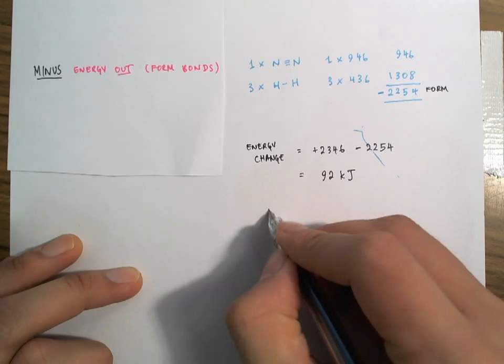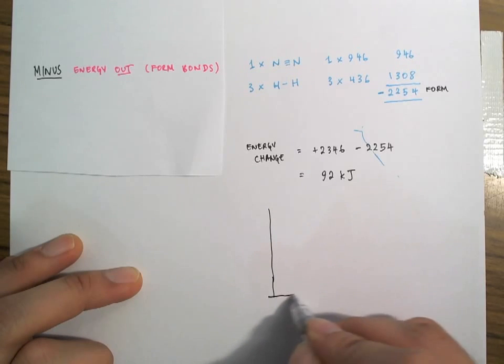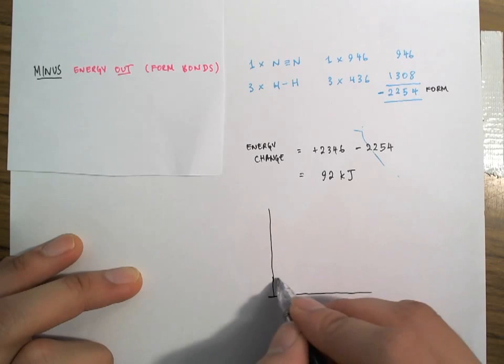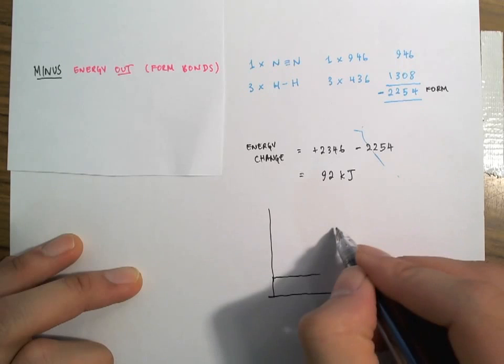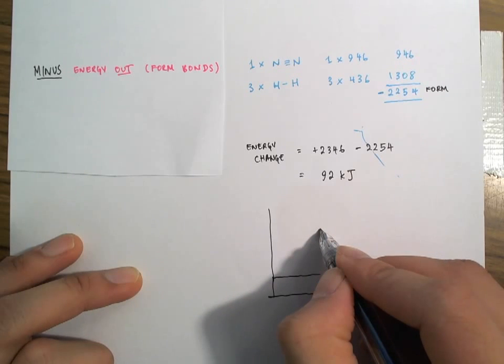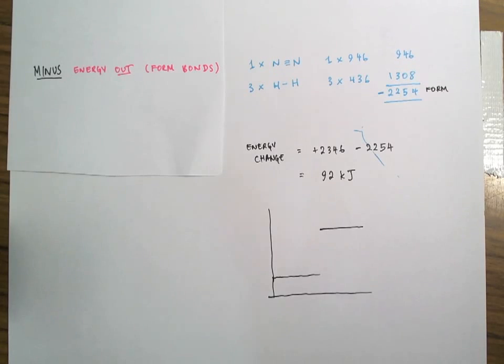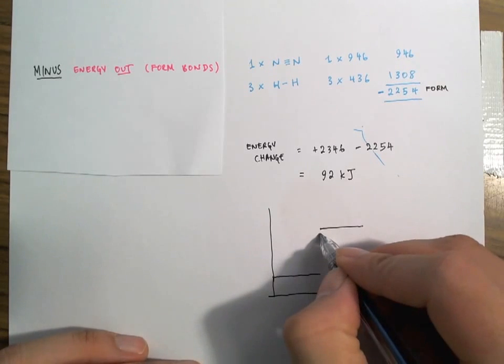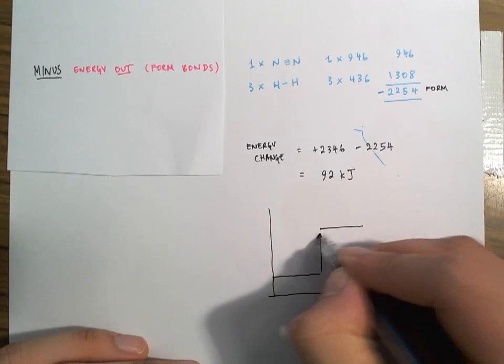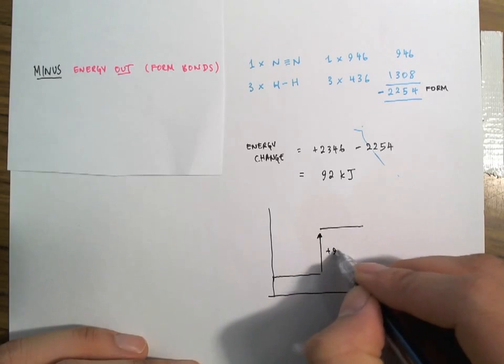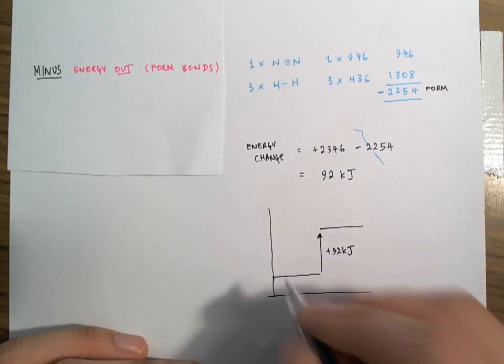So to finish this off, let's draw the energy level diagram, and because I end up absorbing energy, my products are going to end up with a higher energy level because you're taking energy into the system. So the system itself will increase its energy by 92 kilojoules here.